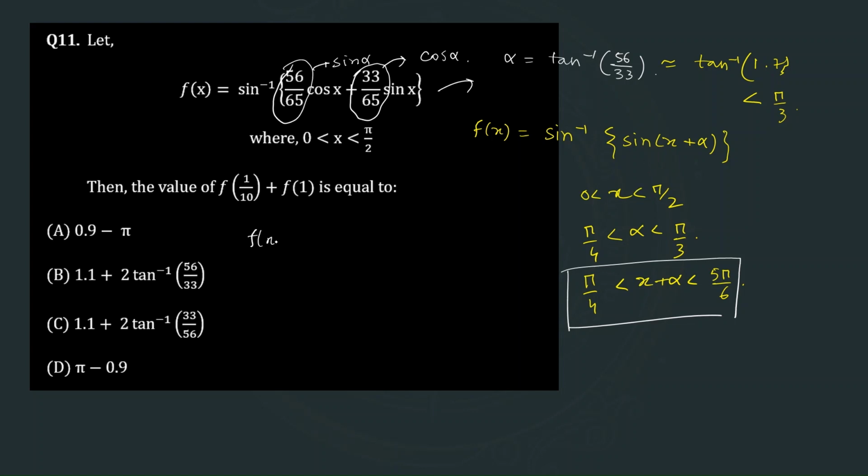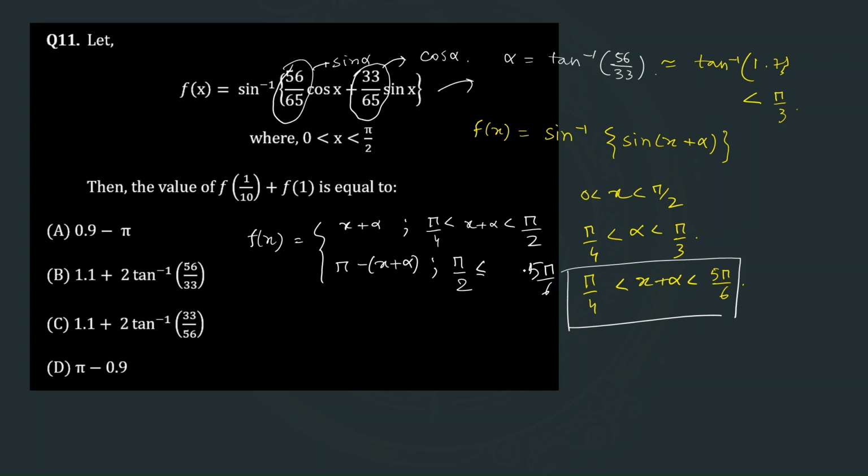So f(x) will be equal to x plus alpha when this x plus alpha lies between pi by 4 to pi by 2, and it will be equal to pi minus (x plus alpha) when it lies between pi by 2 to 5 pi by 6.